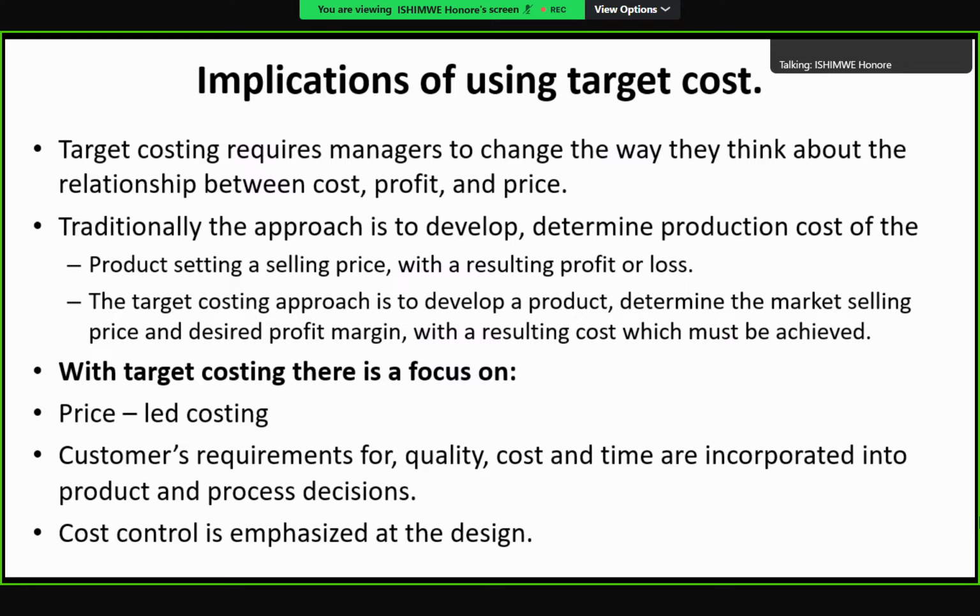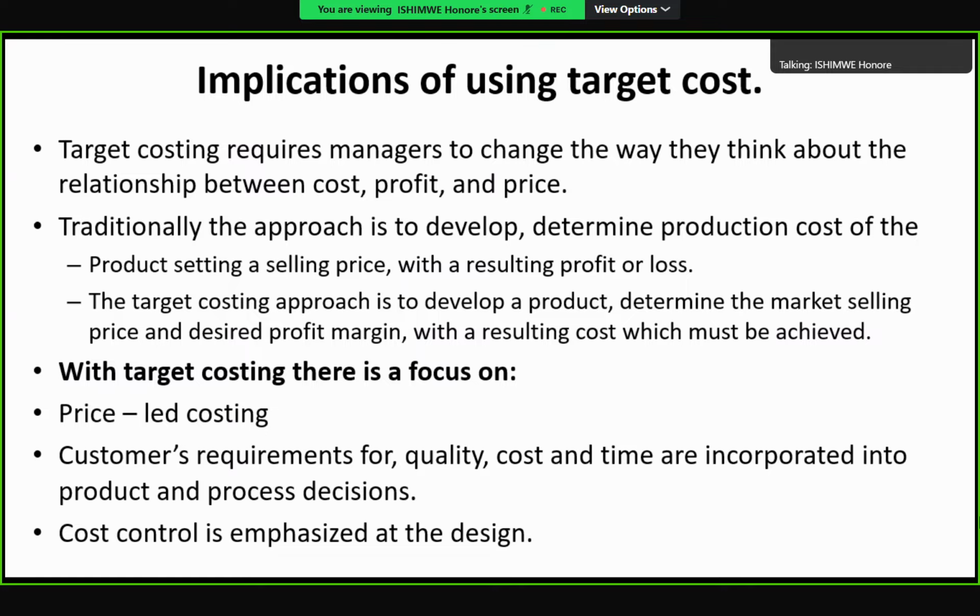Traditionally, the approach was to develop the production cost of a product, then we set a selling price, which might bring a loss or profit depending on what will happen on the market. So the target costing approach is to develop a product and determine first of all, okay, first have an idea, you specify your product, then determine the market selling price.